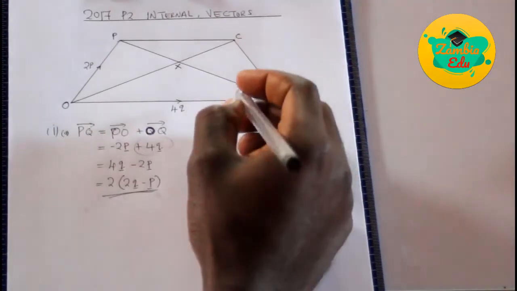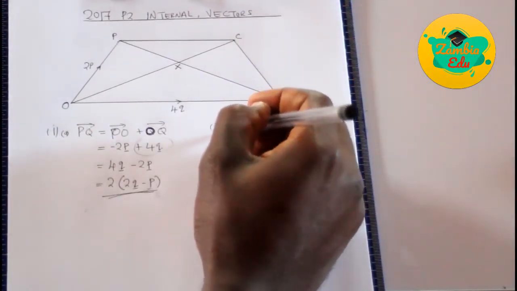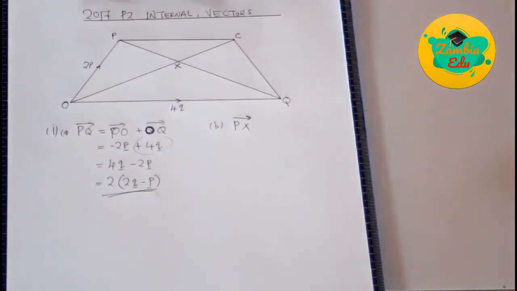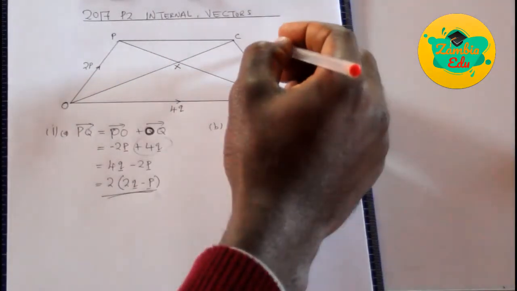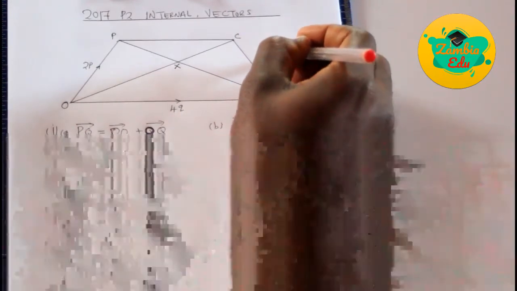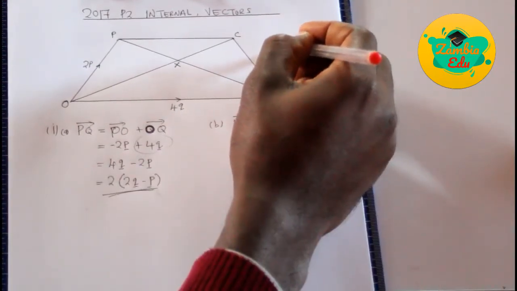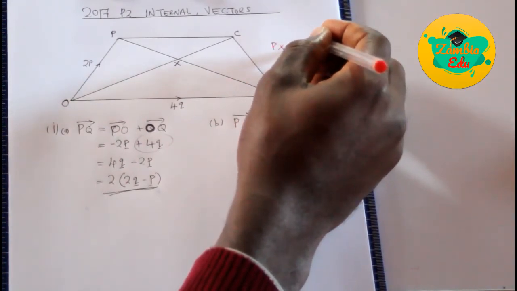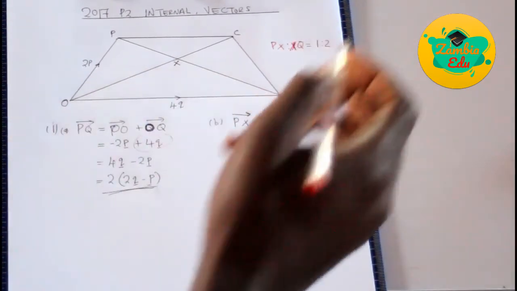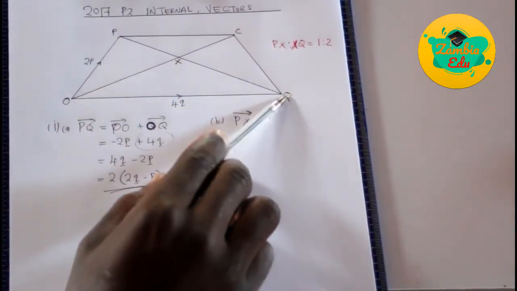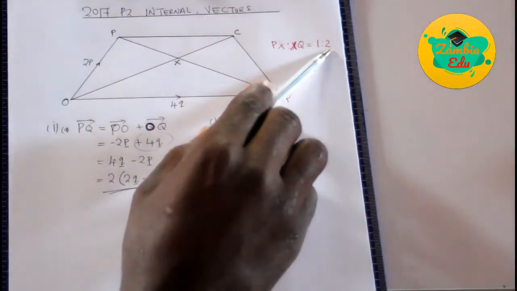Let's quickly go to B. B is asking us to find vector PX. Now, when dealing with vector PX, one of the things we've been told in the question is that PX to XQ is equal to the ratio 1 to 2.